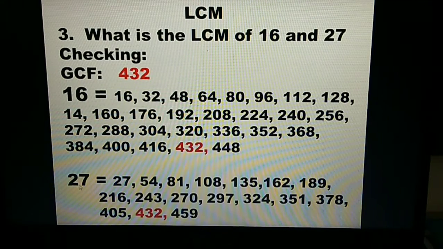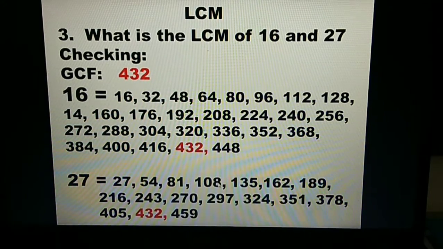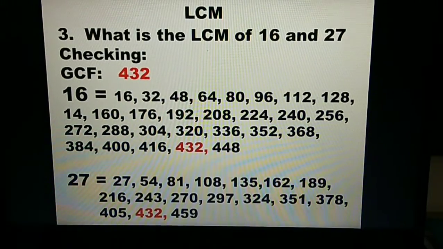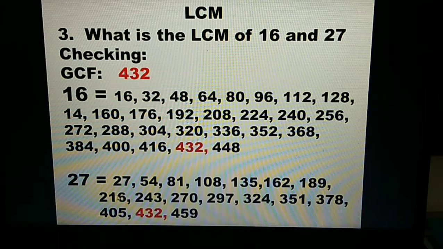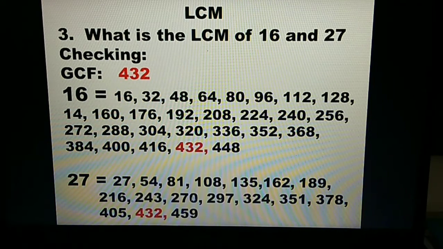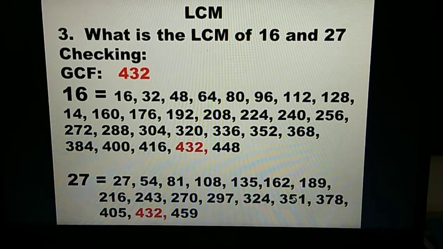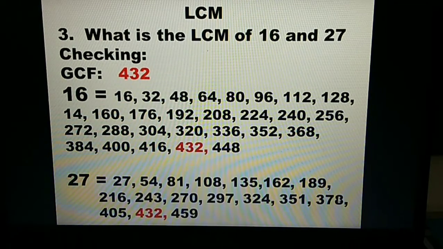Okay, we have 27. The multiples of 27 are 27, 54, 81, 108, 135, 162, 189, 216, 243, 270, 297, 324, 351, 378, 405, 432, 459, and so on.